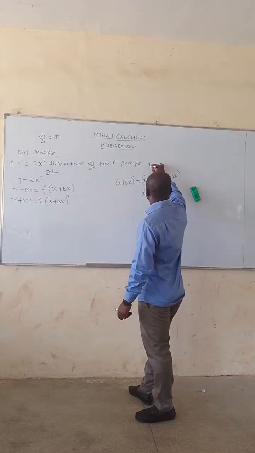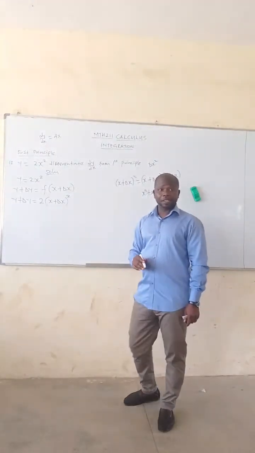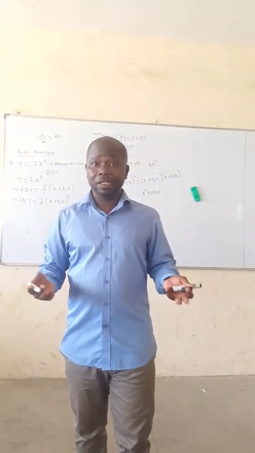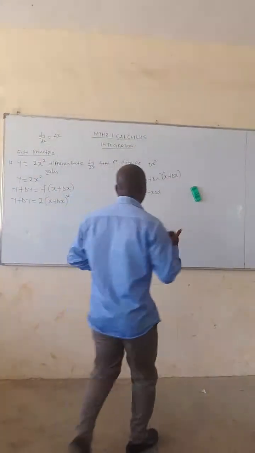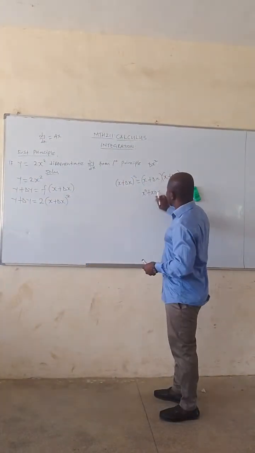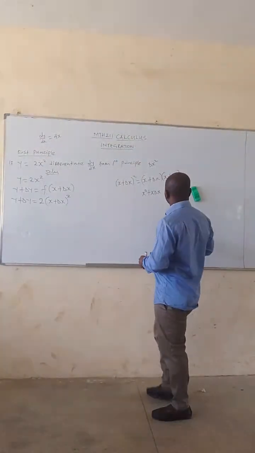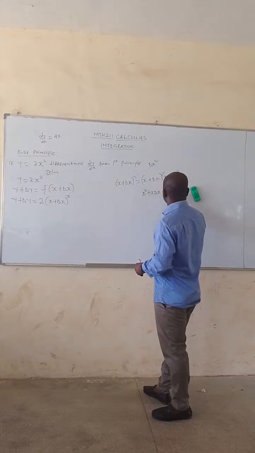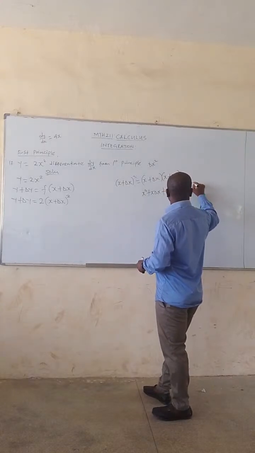Don't write the x squared only. Please take note. So this and this, they are not the same thing. Is that clear? So plus dx times x is x dx. Then plus dx times dx, dx squared.